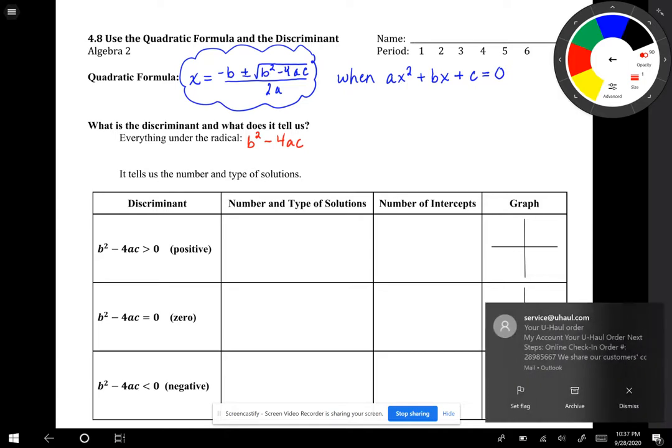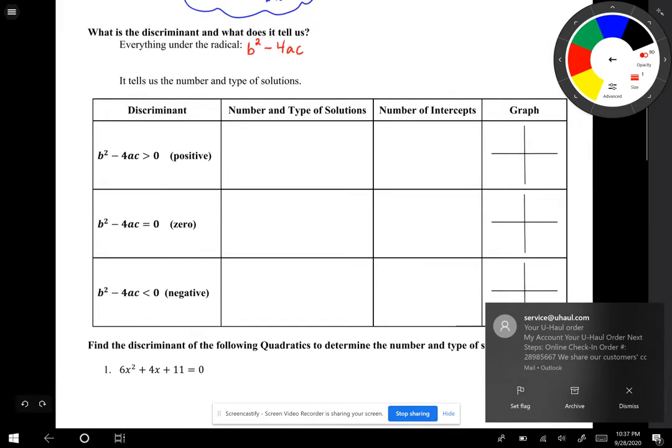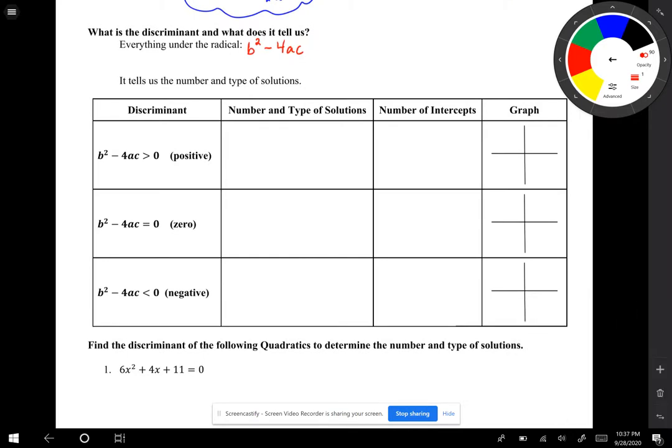So let's take a look at this chart. If you do the math on the discriminant and you get a positive answer, anything greater than 0, you will have 2 real solutions. And that means you have 2 x-intercepts.